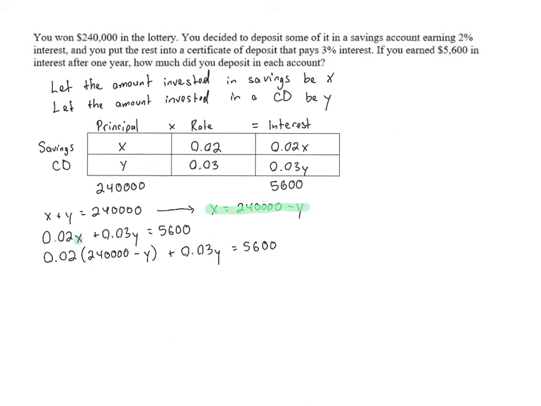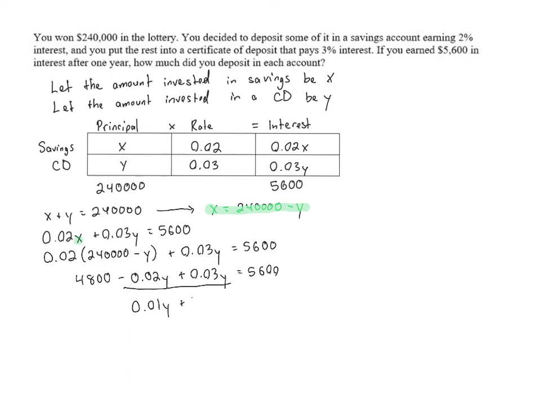When we do that, 0.02 times 240,000 is 4,800. So we have 4,800 minus 0.02y plus 0.03y equals 5,600. Next, we can combine like terms. Negative 0.02y plus 0.03y ends up being 0.01y.